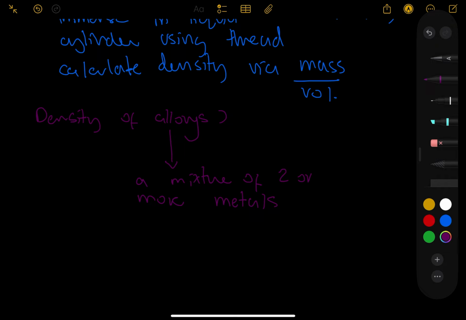So for an alloy, the process of calculating the density is a little bit more tricky.